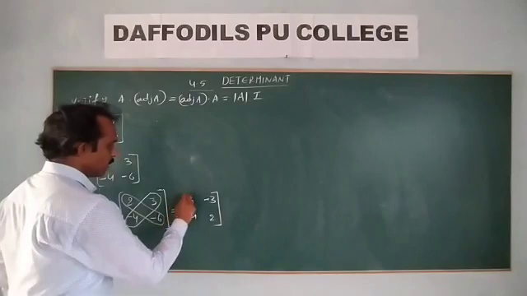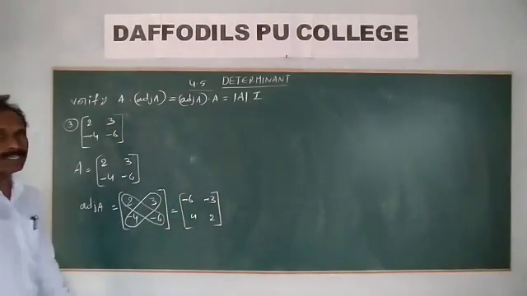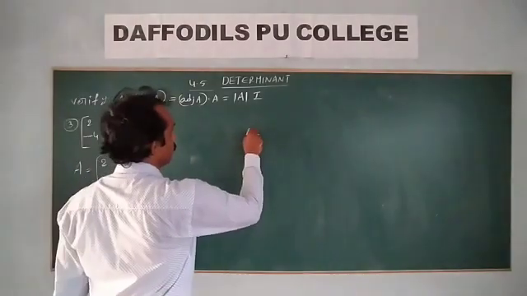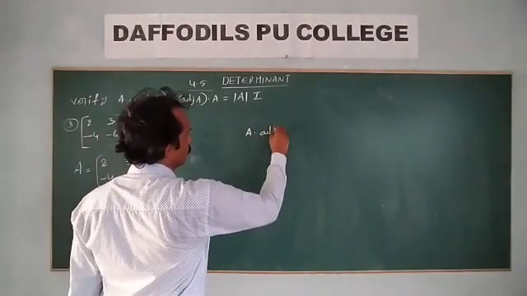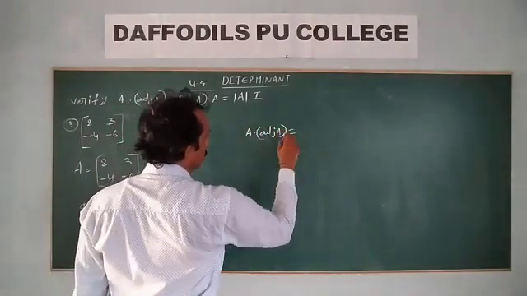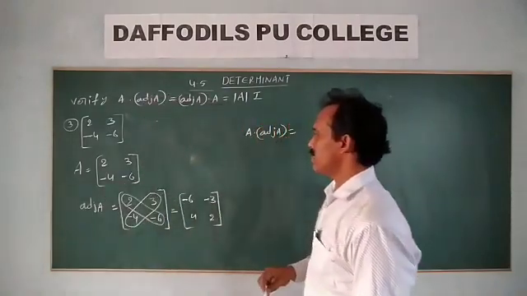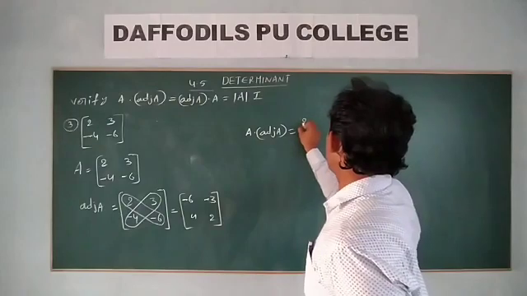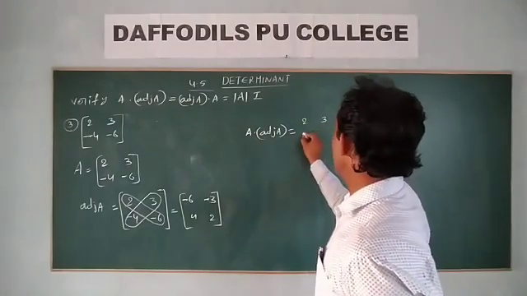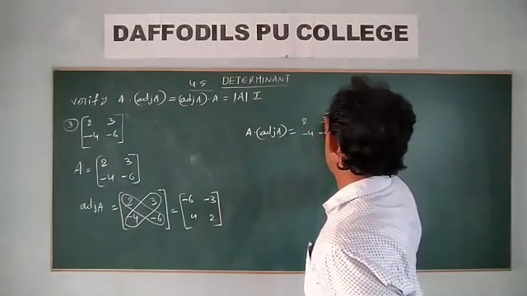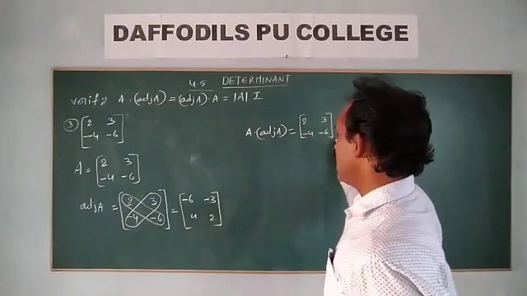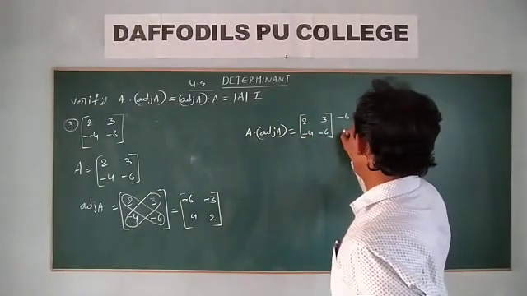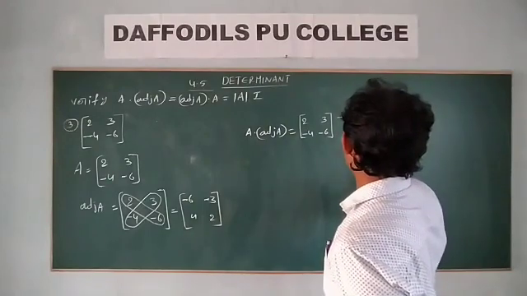This is adjoint A. Now check A into adjoint A. A is 2, 3, minus 4, minus 6 and adjoint A is minus 6, minus 3, 4, 2.